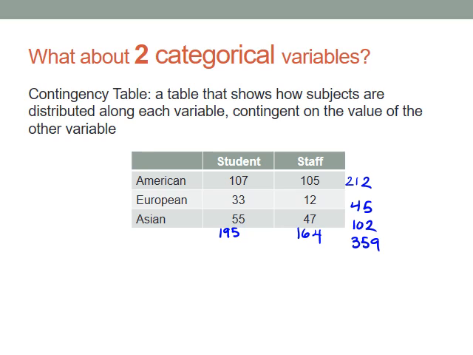Okay, so I might want to take all that information and figure out, well, how did they break those down within each category? That's a contingency table. It shows how the subjects are distributed on each variable.